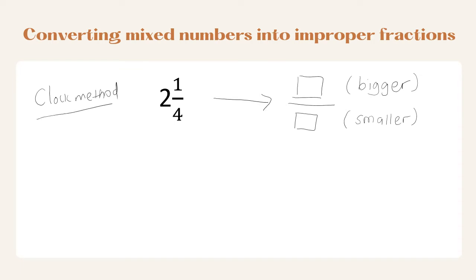It is where we multiply the whole with the denominator, and then we add the numerator. It is advisable to do a side calculation to avoid confusion in your calculation.